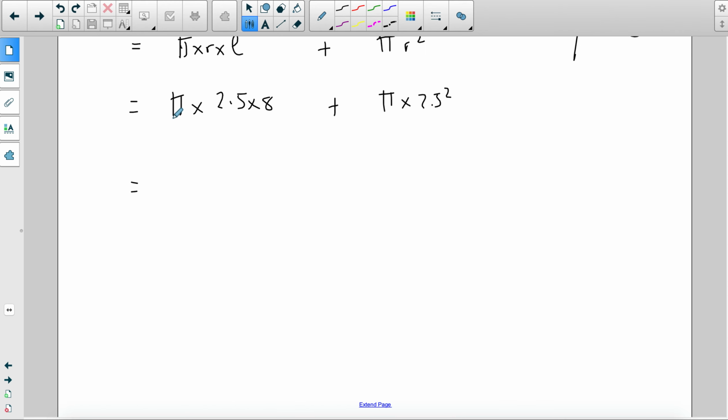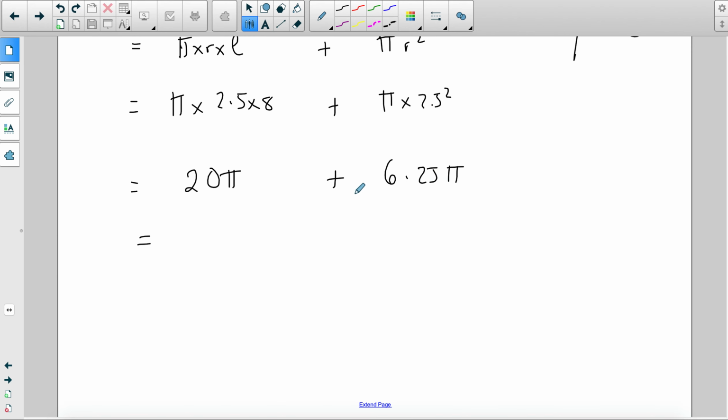Now we like to keep things in pi, so for now in my calculator I'm just going to type in 2.5 times 8 and then 2.5 squared. I'm going to leave pi as if I'm dealing with x or y or z. So this will give me 20 pi, and then this part will give me 6.25 pi. Again, I didn't multiply by pi in my calculator. If I did, it's going to give me a decimal number. I don't want that just yet because now I have two nice terms in pi.